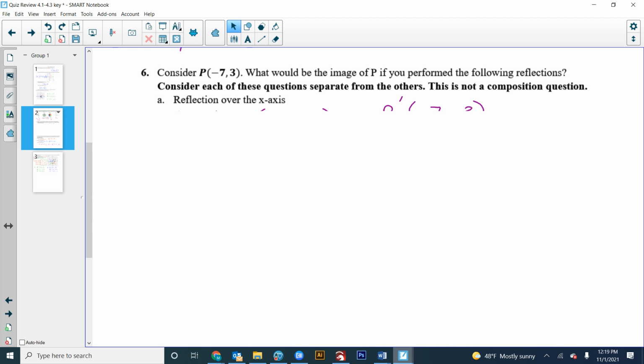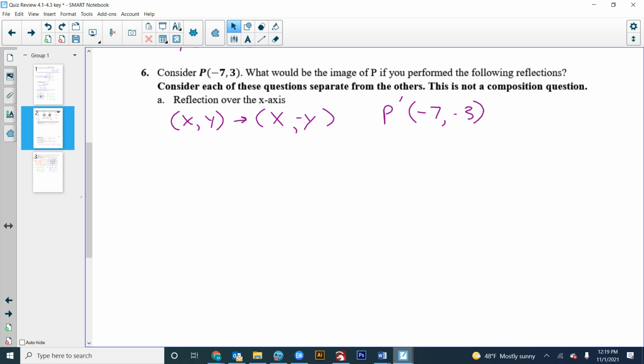Now it's going to be at 5, negative 2. If I don't have to memorize something, I don't. So I'm not going to ask you, what's the rule for x-axis reflection? But if you're a rule person and you want to memorize that, then x, y turns into same x, negative y. Opposite y. So negative 7, 3 turned into negative 7, negative 3. Good with that one?